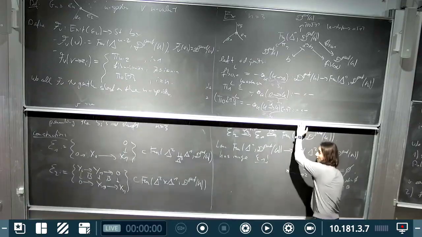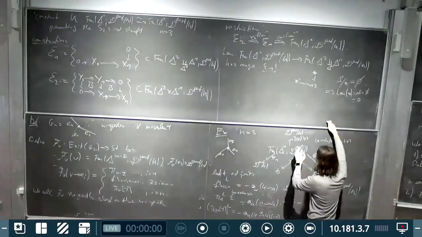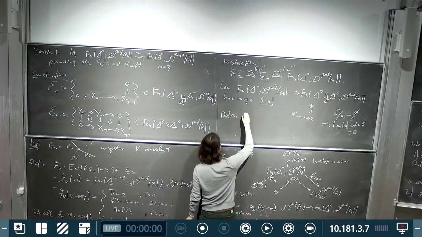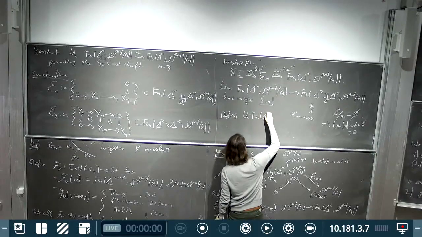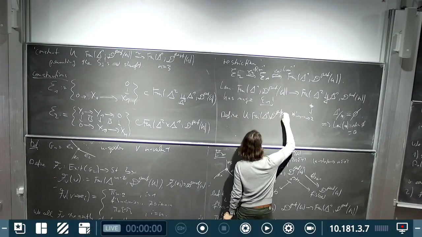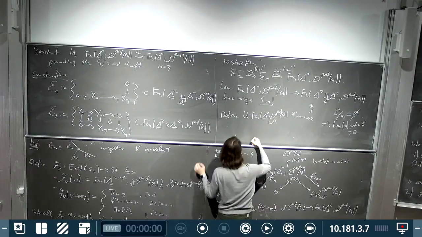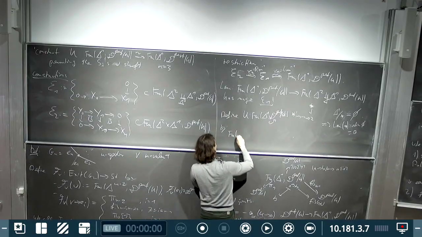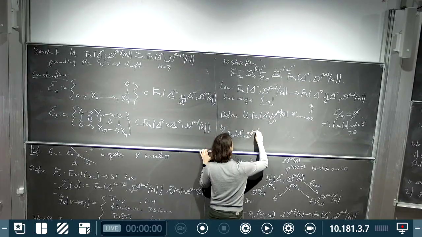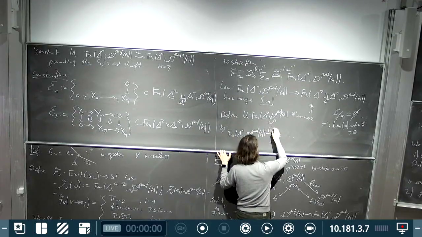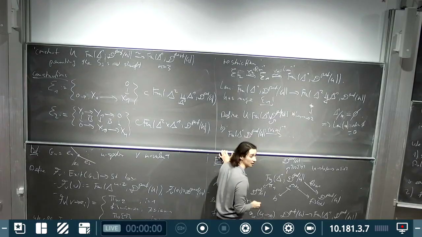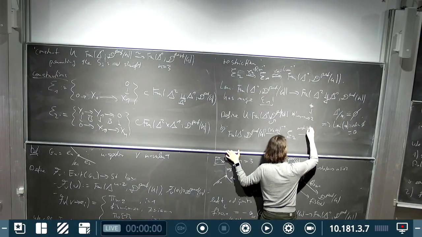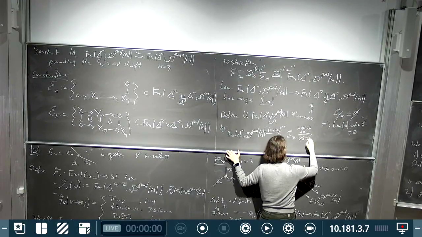And we can now define a functor U from functors Δ1 to D puff to itself. You take the two restriction functors, you take their inverses, this brings you to E2, and then you restrict to Y0 goes to Y1.